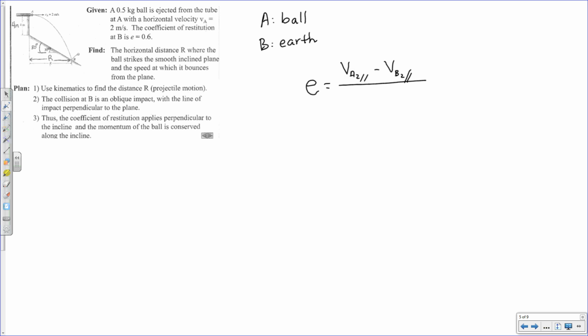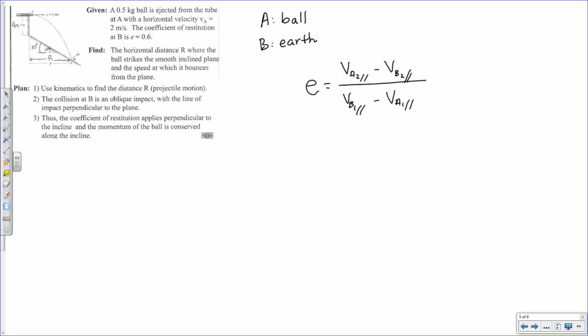This would be the final velocity of the ball, which now I'm calling A. I recognize that might get a little confusing. Minus the final velocity of object B, which is the Earth, after the collision occurs, in the parallel direction, over VB1 in the parallel direction minus VA1 in the parallel direction.